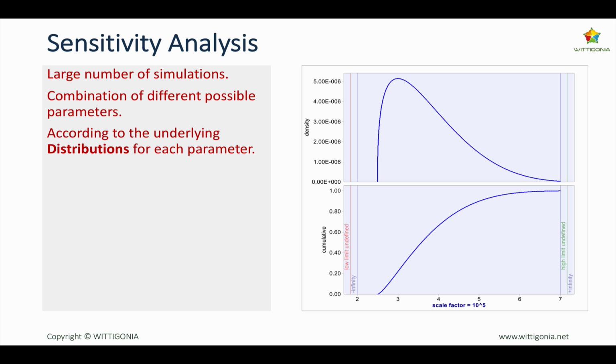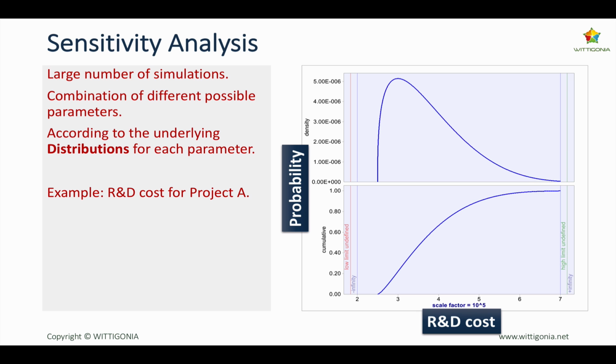So it might look something like this in the case of R&D that we just discussed. On the horizontal axis, the x-axis, we have the R&D cost, and on the vertical y-axis, we have the probability. So either it's the density probability or cumulative probability. So what does it mean now for our example in terms of R&D costs for project A?